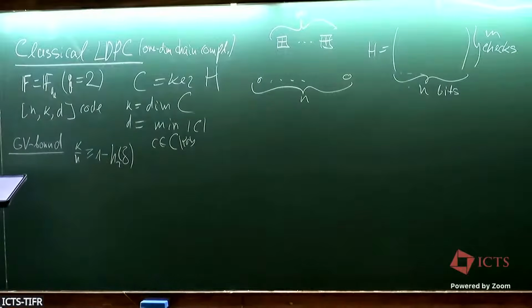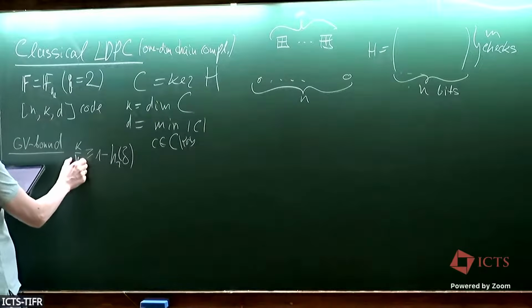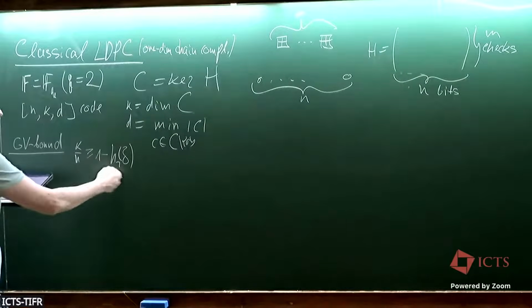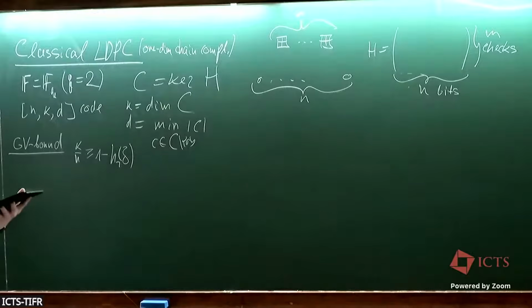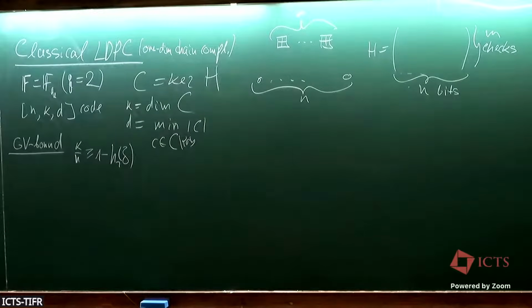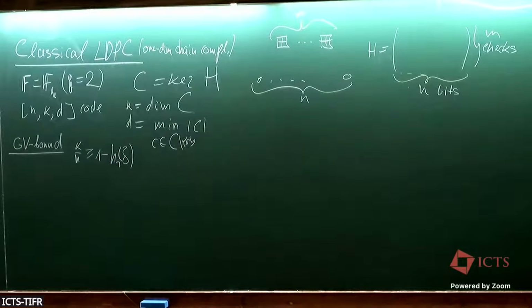What it says is that as n tends to infinity, we have codes which have rate at least some non-zero constant. You saw a proof that used a greedy-like algorithm, but in fact you can also prove it in a different and also very interesting way.